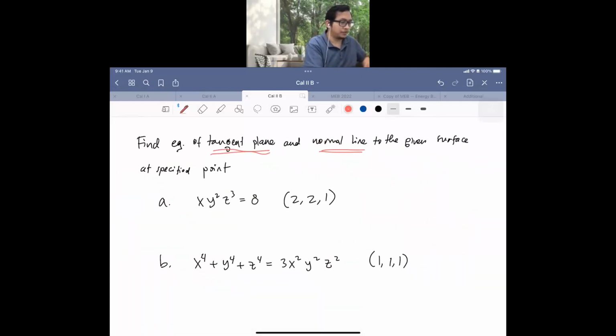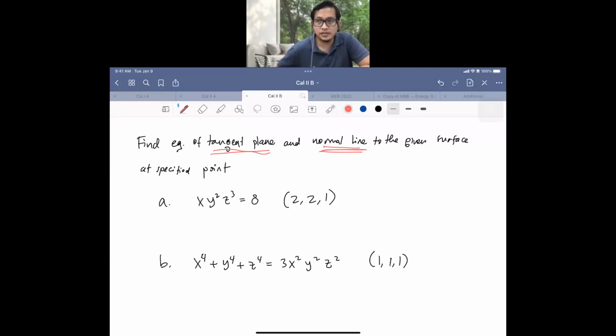So when the question asks for the normal line, you need to connect it to the symmetric equations of the parametric form, if you remember. And why is the name normal?